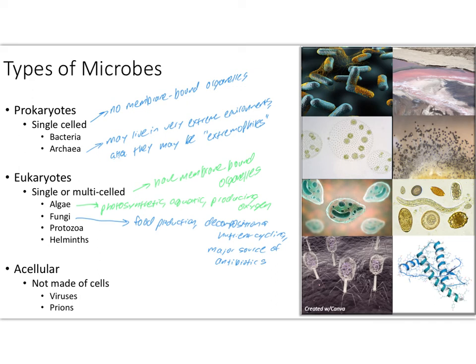Protozoa are another category of our eukaryotic microbes. These are single-celled organisms that have a cell structure similar to what we find in animal cells. They're not animals, but they are similar in cellular structure to animals.